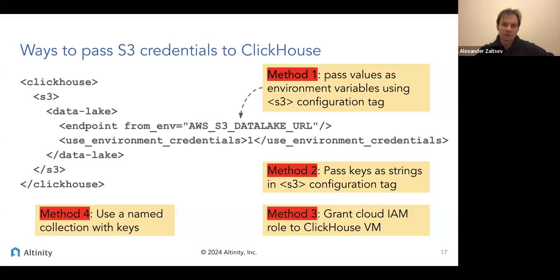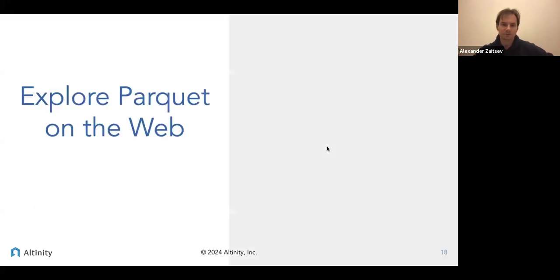You can configure an IAM role on the ClickHouse VM side and use role-based access to the S3 bucket. Or you can use environment variables to provide S3 connection characteristics. A lot of different options to securely access S3 buckets, just for reference, we're not going to spend a lot of time here.